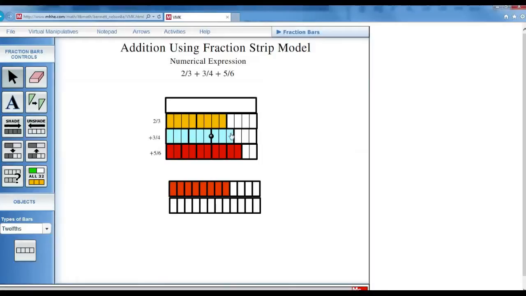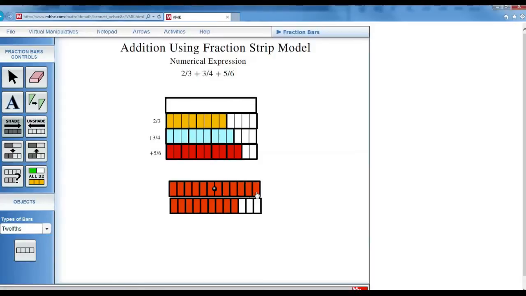Okay, so for my next fraction, I'm going to need another 12 strip, and I have 1, 2, 3, 6, 9 sections that equal the same as 3/4. And my last fraction is 2, 4, 6, 8, 10.